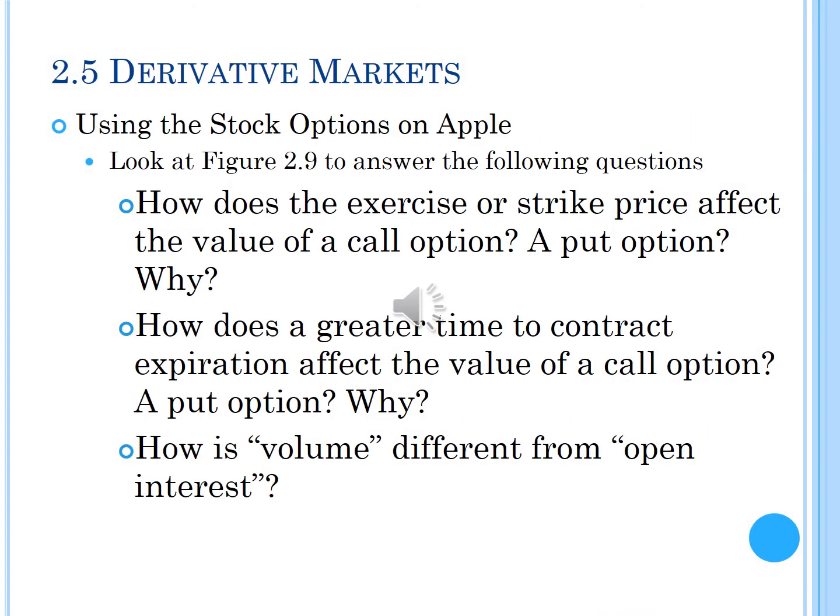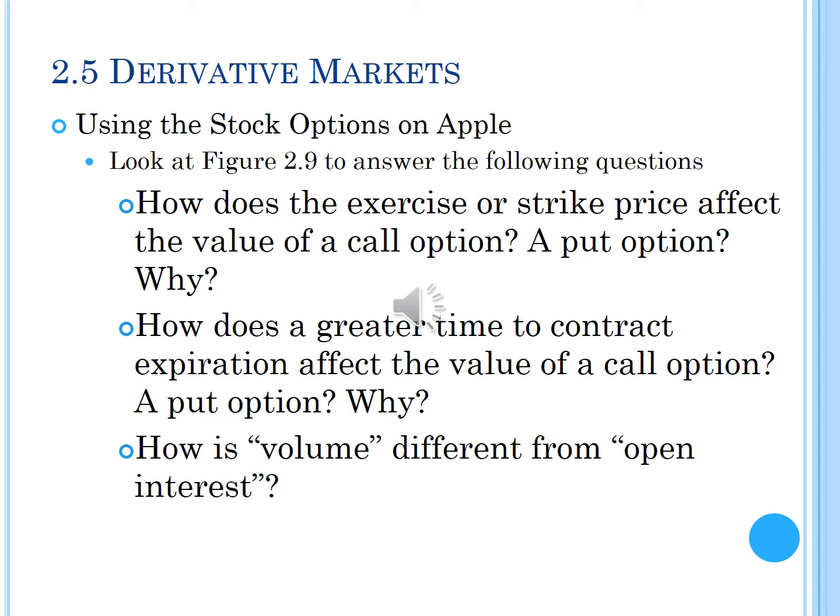Now looking at the same Figure 2.9 to try and answer the following fundamental questions. The first one is: how does the exercise or strike price affect the value of a call option or a put option, and why? The basic concept here is that the bigger the difference between the strike price and the underlying stock price, the more valuable the call option or the put option would be.